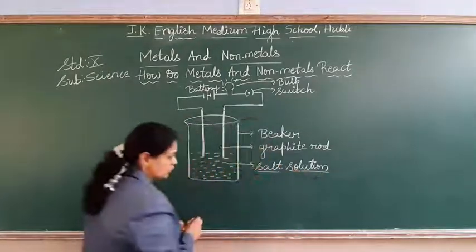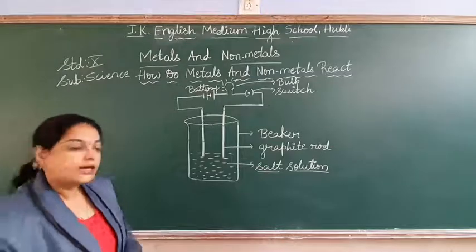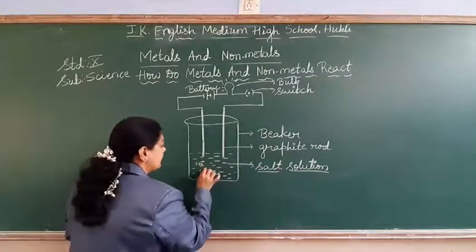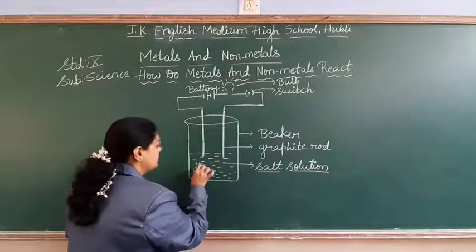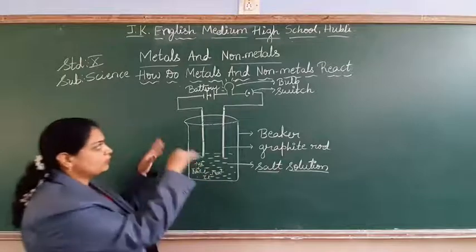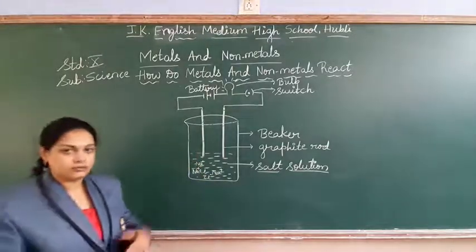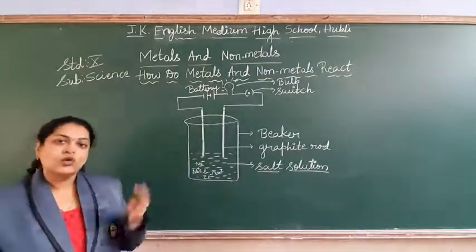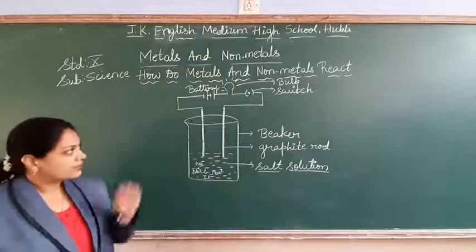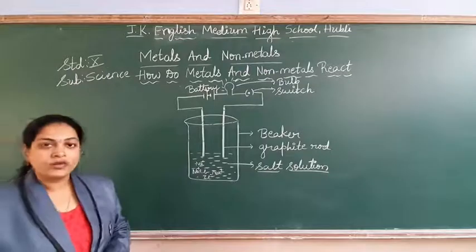You have taken the salt solution, nothing but an ionic compound, which has started forming Na plus and Cl minus. They started moving towards the respective electrodes, one is anode, one is cathode. So they have started moving towards the respective graphite rods. That is why you find glowing of the bulb.